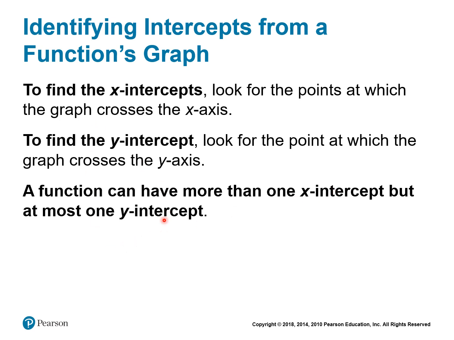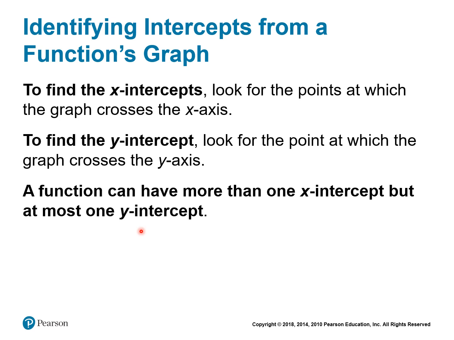However, the graph of a function can cross the y-axis at most once, or it may not intercept the y-axis at all. So 0 or 1, not more than once.